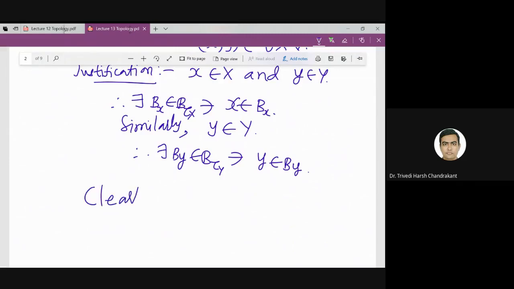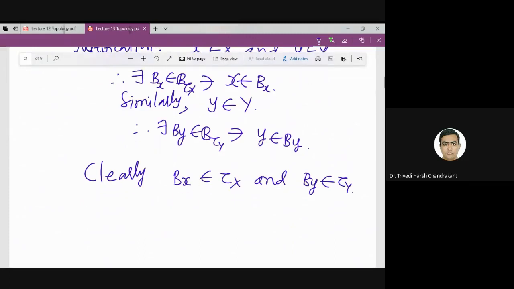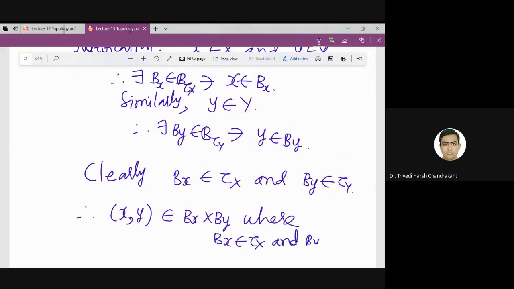Clearly bx belongs to tau x and by belongs to tau y, right? So therefore we will get xy belongs to bx cross by, where bx is in tau x and by is in tau y.